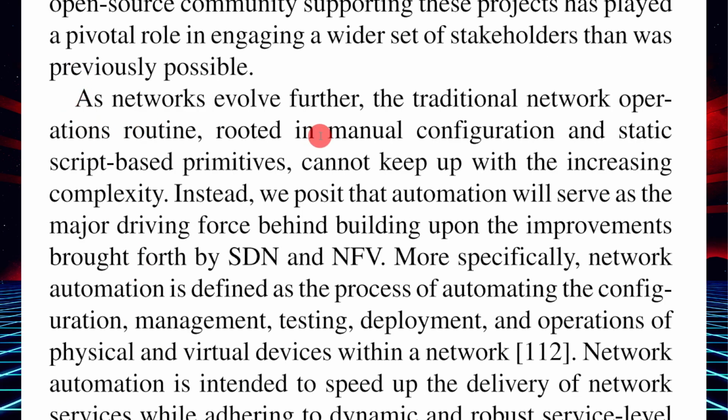As networks evolve further, the traditional network operations routine rooted in manual configuration and static script-based primitives cannot keep up with the increasing complexity. Instead, we posit that automation will serve as the major driving force behind building upon the improvements brought forth by SDN and NFV.